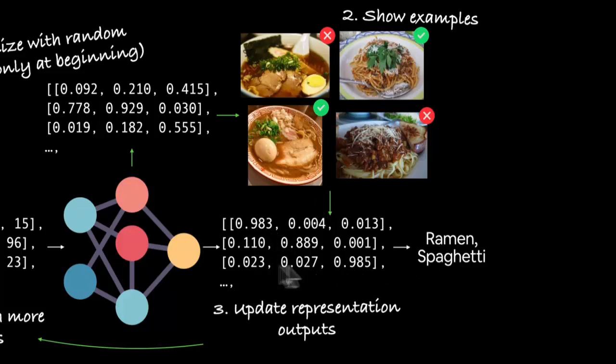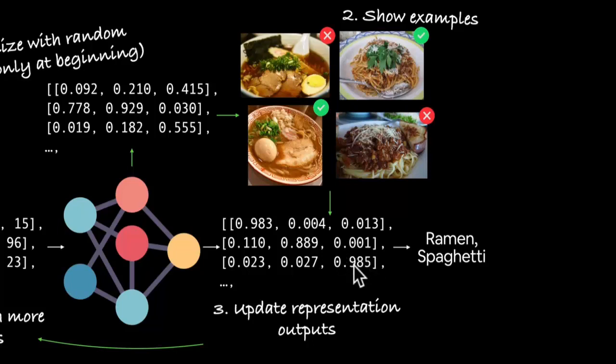Then if we wanted to turn this row into labels, we might go ramen, spaghetti, not ramen or spaghetti. Which one has the highest value? The index where spaghetti occurs. And for this one, which is not ramen or spaghetti, this is the highest number. So we might want to get this index.